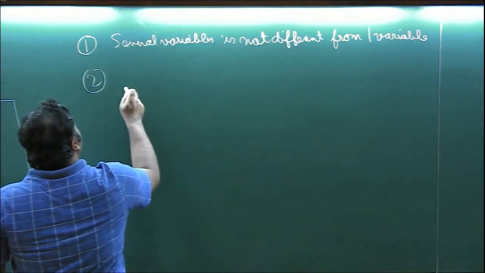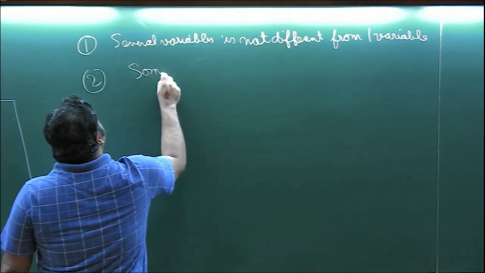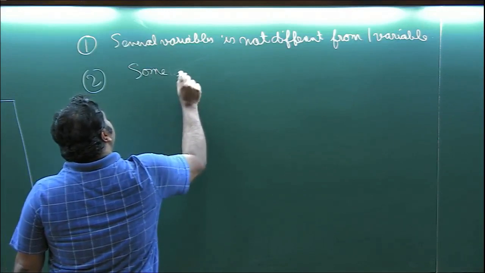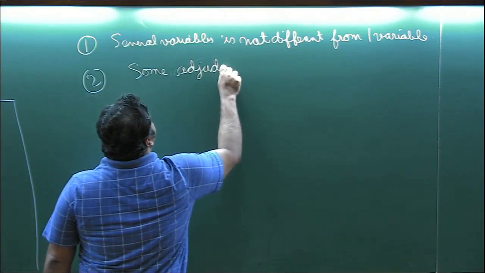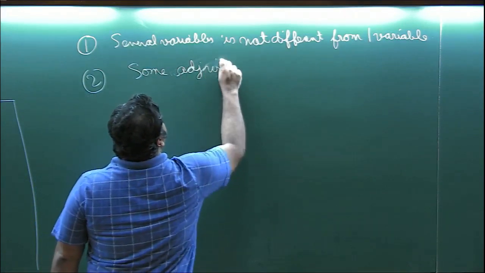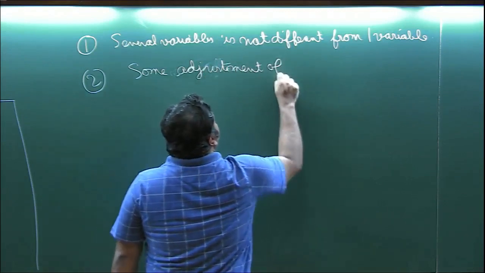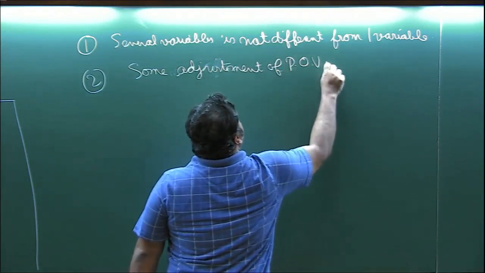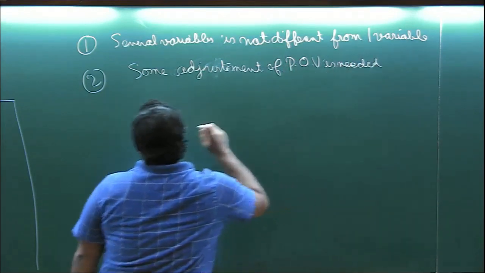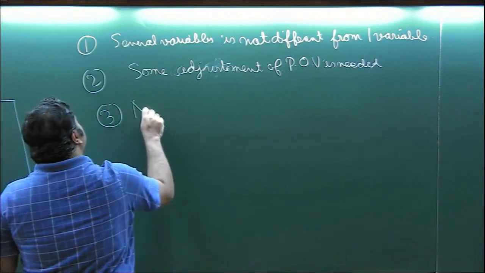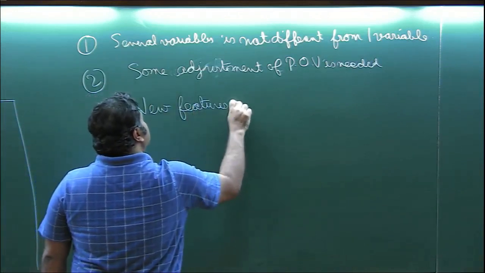The second one is that some adjustment is needed. They're basically the same, but you have to think of it in the correct way; some adjustment of point of view is needed. And finally, what can happen are new features in several variables.